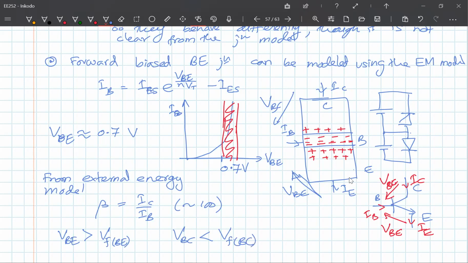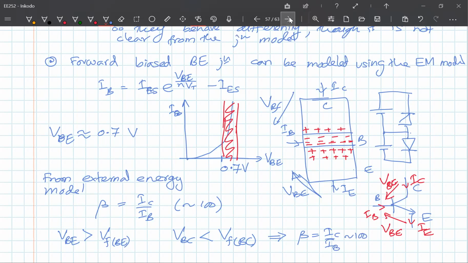So therefore, what you will have is something like this. Now, this is the way it is if it is as intended, right? So if this is the case, beta, which is equal to IC over IB, is in the range of 100, a pretty big value.